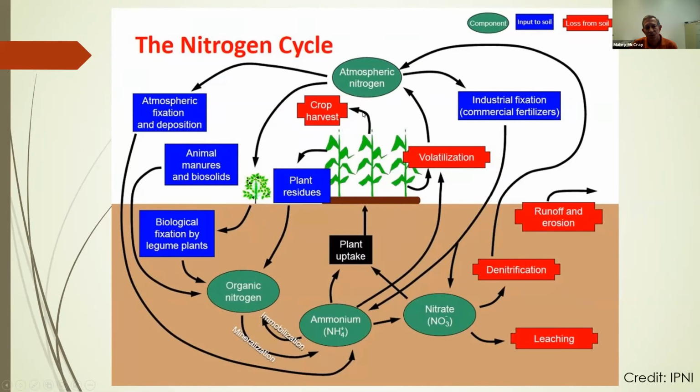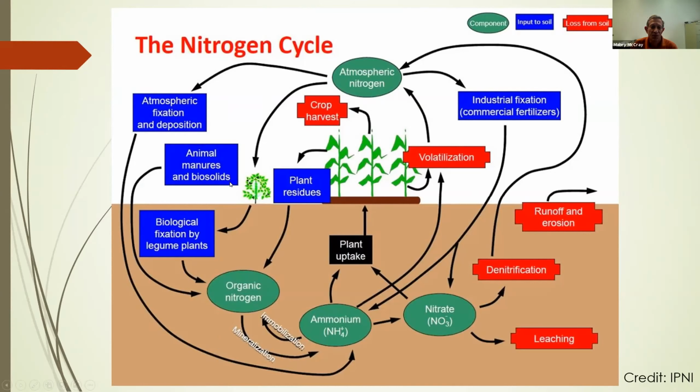So first we'll talk about some inputs that would include things like atmospheric nitrogen fixation. You do get a small amount of nitrogen that is fixed with lightning. That would be a small amount that we don't have any control over.